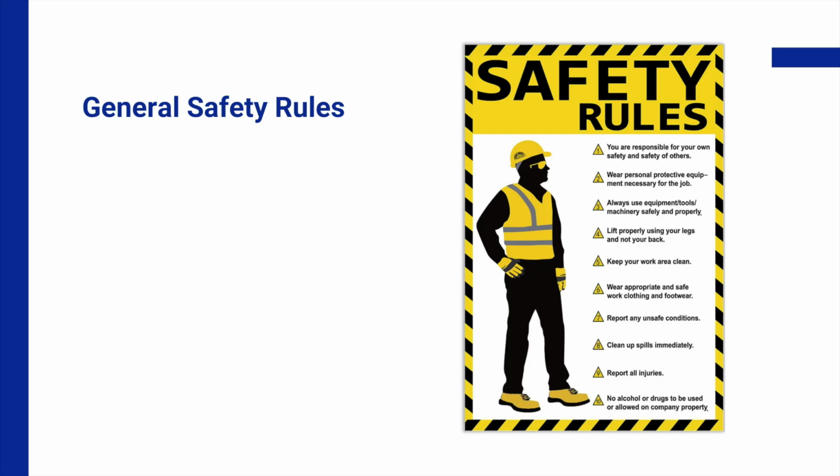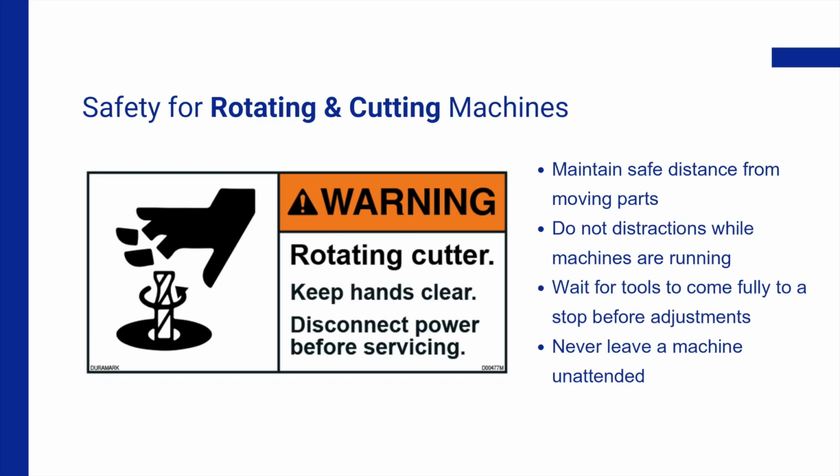Okay, now we will look at the safety for rotating and cutting machines. Rotating and cutting machines are among the most dangerous equipment in the workshop. Machines such as drills, milling machines, and lathes operate at high speed. So loose clothing, jewelry, or untied hair can easily get caught and cause serious injury.